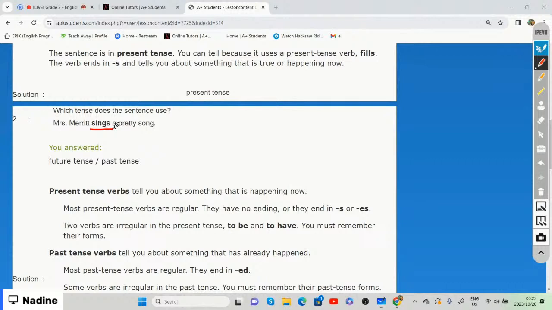Is that in the present tense, past tense, or future tense? Mrs. Merritt sings a pretty song. Is that something that is happening now? Did it happen in the past, or will it happen in the future?